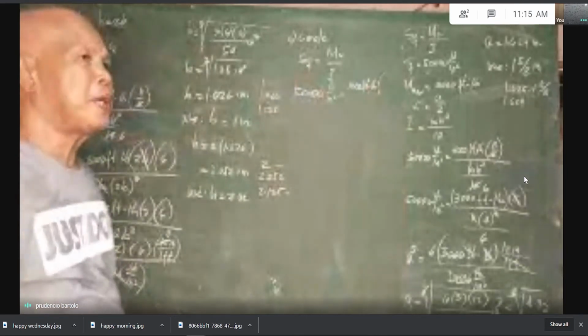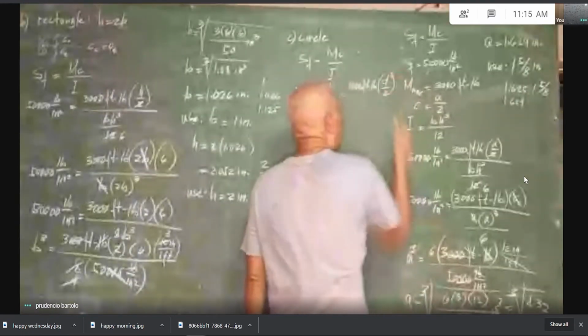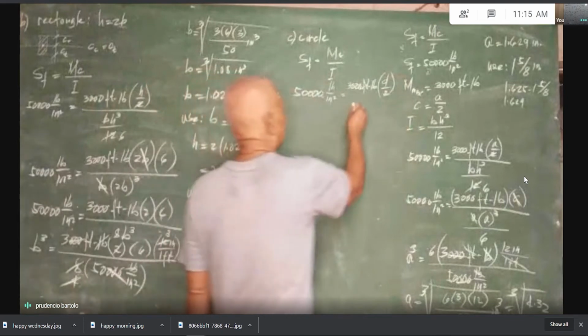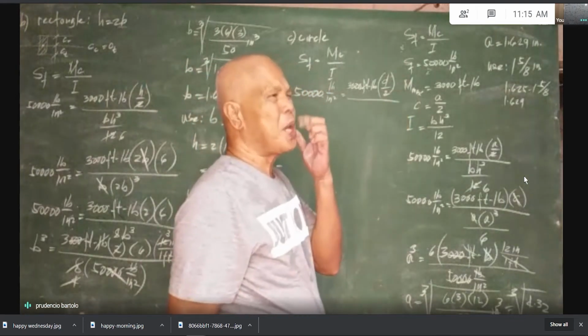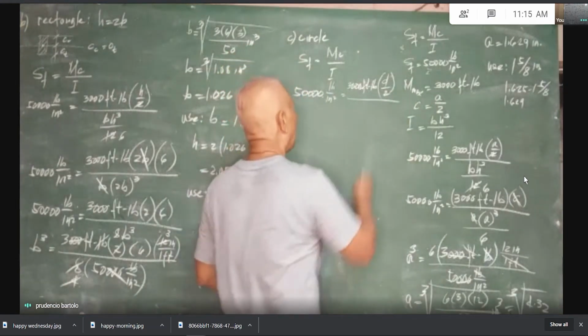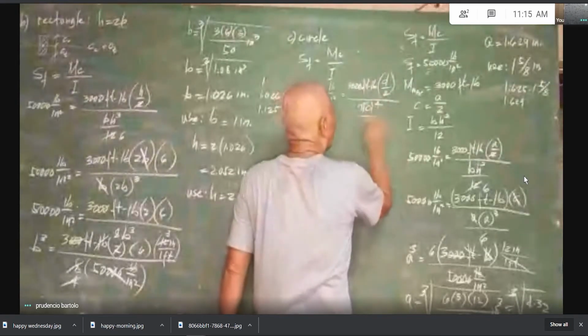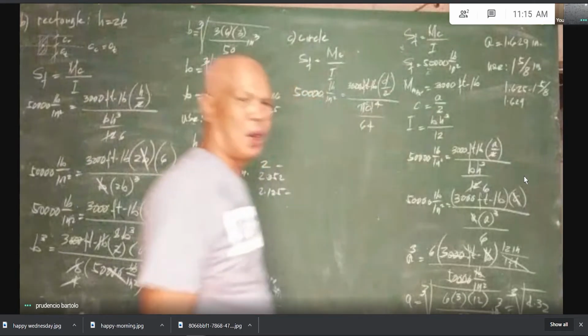The C in here will be equal to the diameter, D over 2 of the circle, divided by the moment of inertia. That is, moment of inertia is pi d to the 4th all over 64.